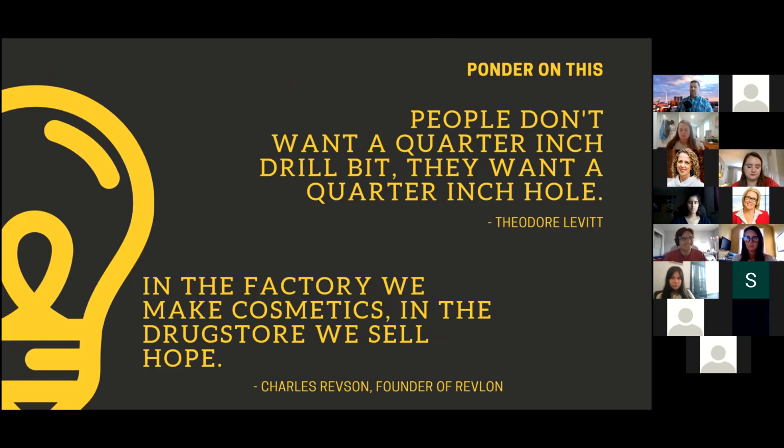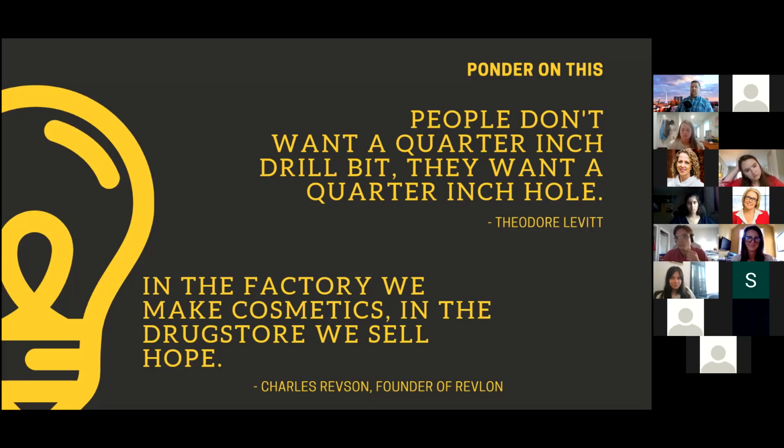So when we think about building products, we're not thinking about the actual solution, we're thinking about the problem that they're solving, right? The founder of Revlon, Charles Revson, said, in the factory, we make cosmetics, but in the drugstore, we sell hope. That's a really interesting quote. What he was getting at is, what problem is the cosmetic solving?